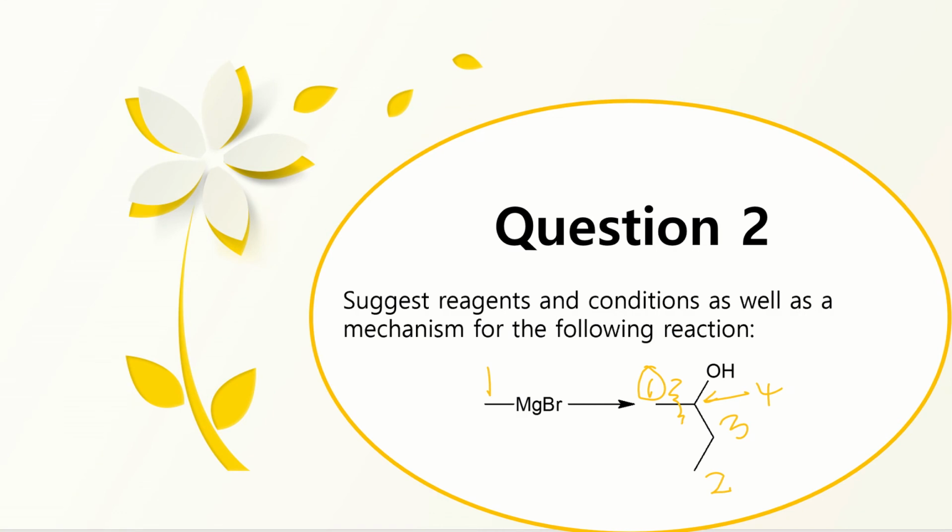You know that it's going to be in the product, so just identify it in the product first. After you do that, clearly you'll see the new carbon-carbon bond. So then you must know that this center must be electrophilic. And the fact that you have an alcohol at that center means that you may have had a carbonyl.